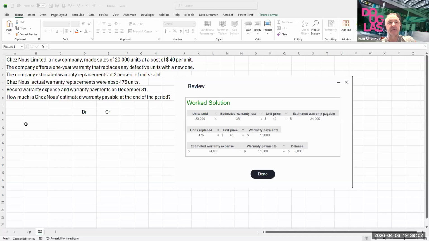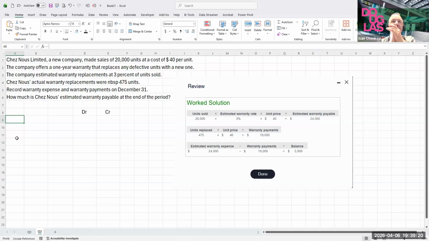So the other question that you're gonna see is a question about the warranty. Again, you're not gonna see this exact question, you're gonna see something similar. The journal entry that you have to do will be the same though. So let's think about this one. There's a new company which sells 20,000 units at a cost of $40 per unit.